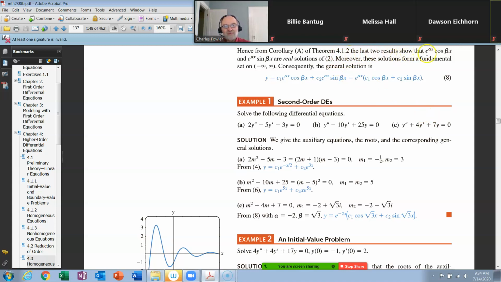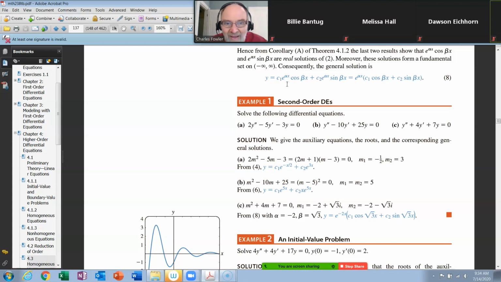The last two results show that e to the alpha x cosine beta x and e to the alpha x sine beta x are both real solutions of 2. Moreover, those solutions form a fundamental set, and therefore we've lost the i's. Somehow, magically, they got away from the i's.